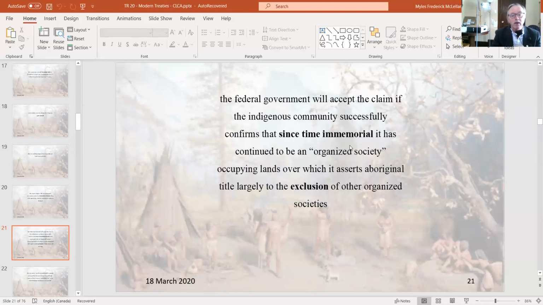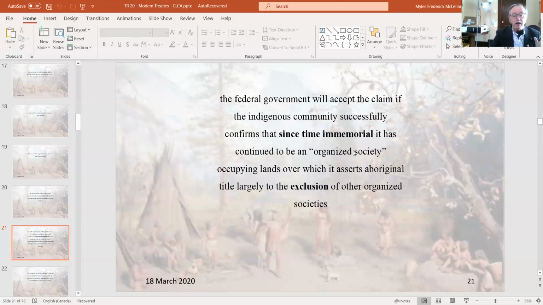The federal government will accept the claim, again, if the community can successfully confirm that it's had governance over the territory since time immemorial, and it has continued to be what's considered to be an organized society to the exclusion of other organized societies. So again, as I mentioned a few minutes ago, this would involve a tremendous amount of historical material put in place by historians.